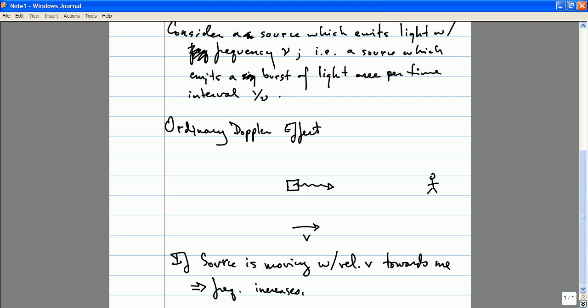Now, of course, if we want to consider light, then we'll need to consider special relativity. Okay? And so in order to do so, let's use our Lorentz transformation rules. Okay? So let's say that I am in frame S, and the rest frame of the source, namely the coordinate system in which the source is not moving, I will call S prime.